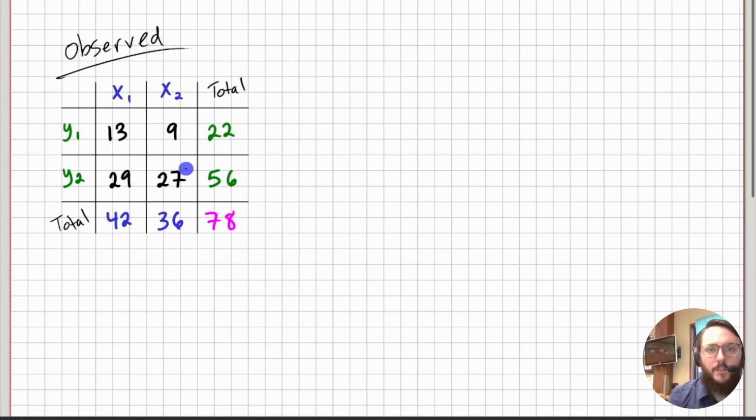Now, if you were looking at the test for independence, then you would say variable x and y are independent of each other. If you were looking at homogeneity, you would say the distribution of y does not depend on x, or the distribution of y within these x's are the same.